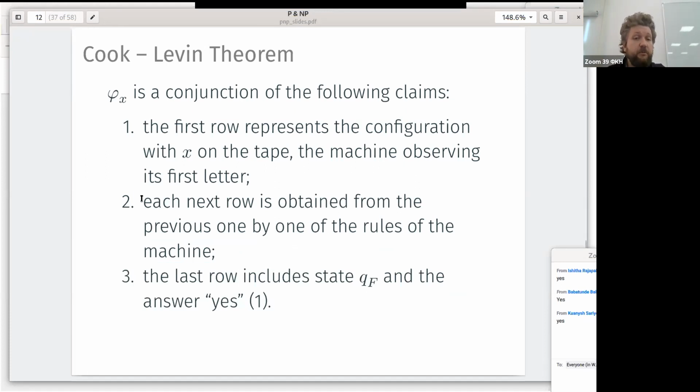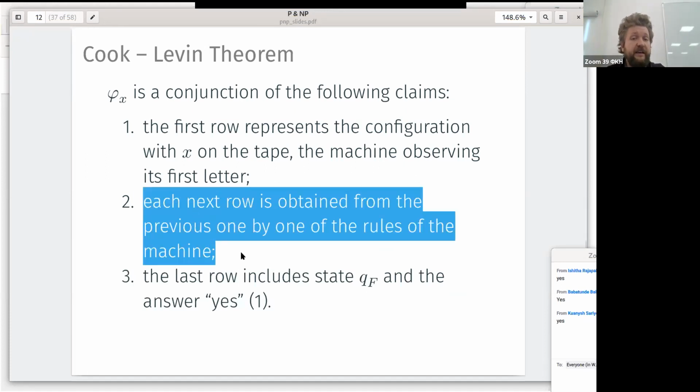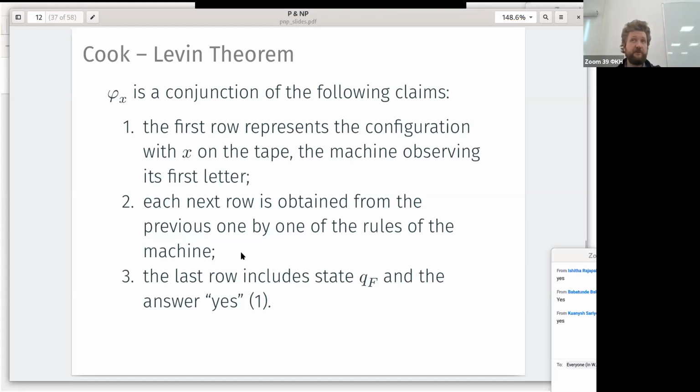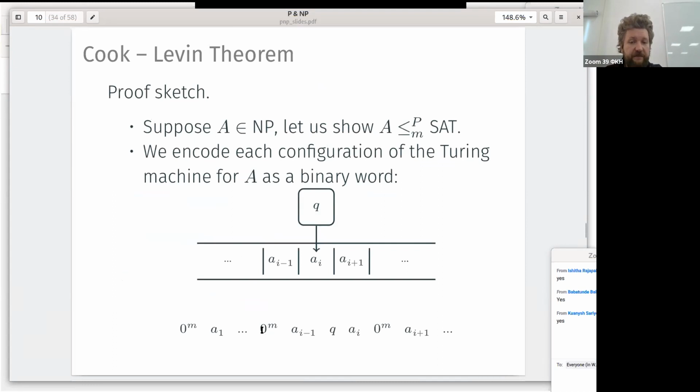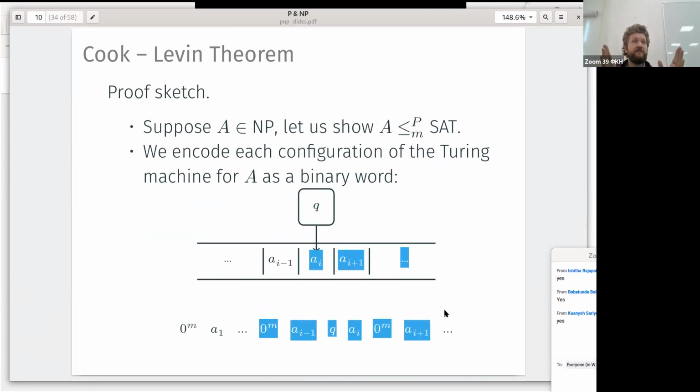And the most interesting one, which we will not discuss in detail, is that each next row inside the protocol is obtained from the previous one by one of the rules of the machine. So again, for each line, you have a big disjunction, which says that either this rule was applied or that, or that, or that. And the trick is that this is local. If you see our configuration, you have to worry only about this part in the middle of it.